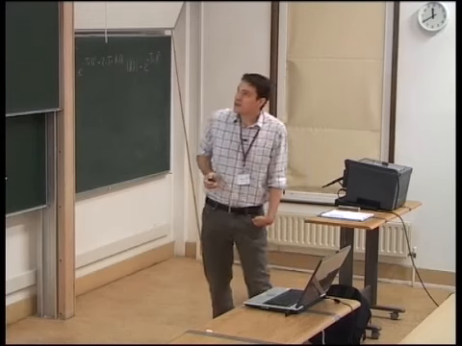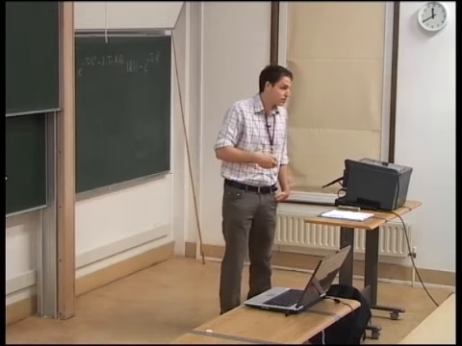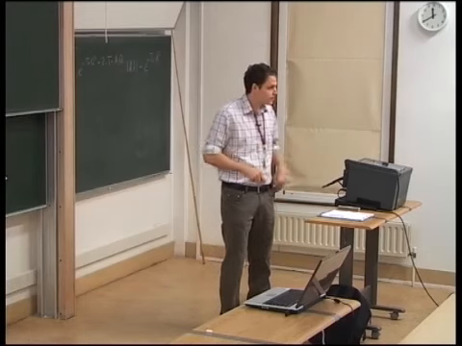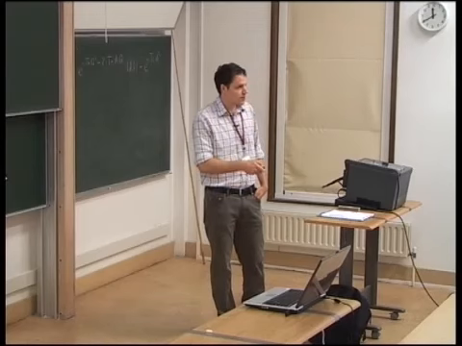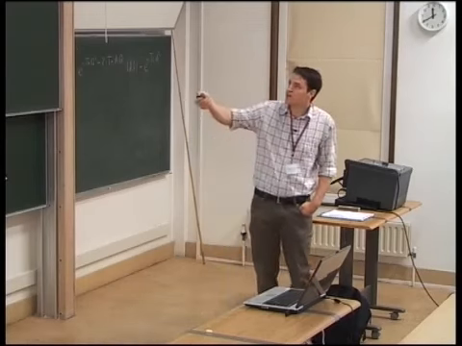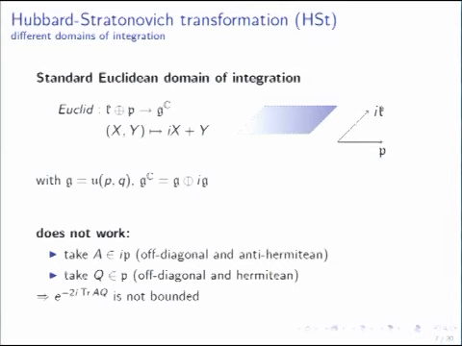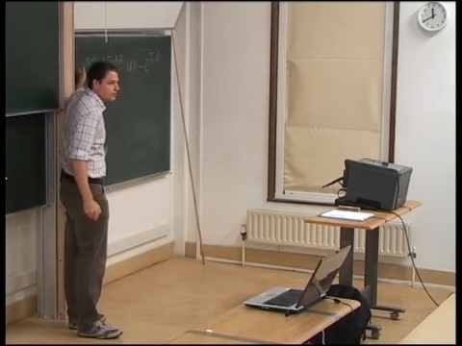And then let's consider the standard Gaussian flat type of integration and see how the problem arises. I will call this Euclidean in the following, because you might call this integral just Gaussian, and now referring to this flat domain of integration, I will call it Euclidean just to prevent confusion. Of course, this has to be chosen such that this term is convergent.